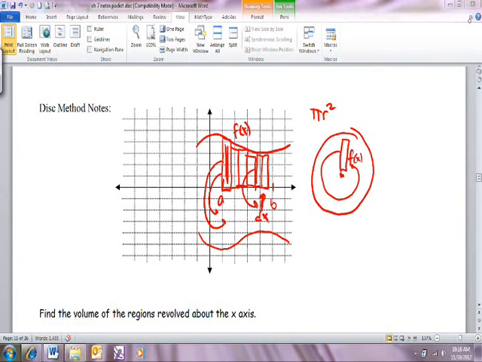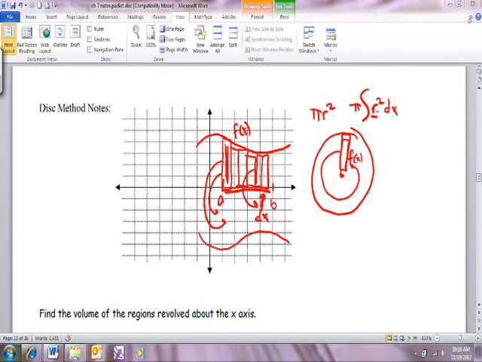So to add them all up, add up all of our change, we really want to end up doing the integral. So our formula then becomes the integral of pi, which is a constant, r squared, dx, times a little width. Well, r squared, we just said, was our function height.